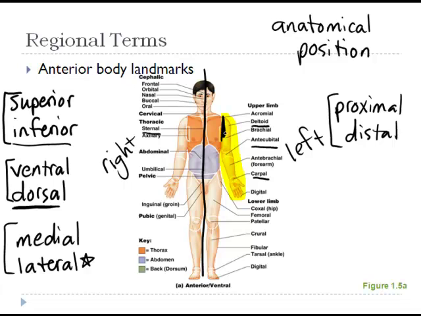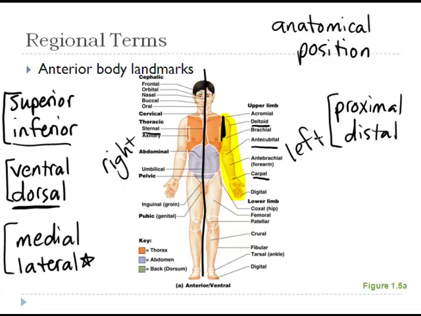Okay, so anything farther away from this origin, out towards your hand, is going to be distal. Anything closer to it here is going to be proximal. So in this case, carpal region, the carpal is distal to the deltoid. The deltoid is proximal as compared to the carpal region. Hopefully that makes sense. These two can somewhat be confusing.